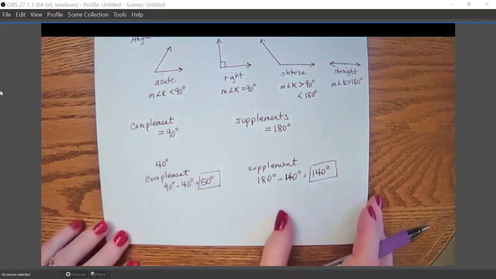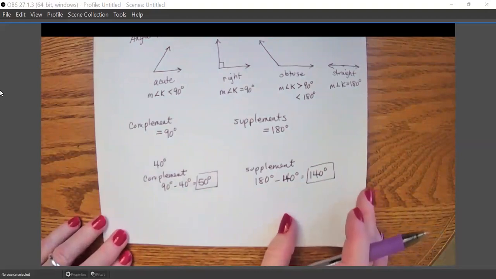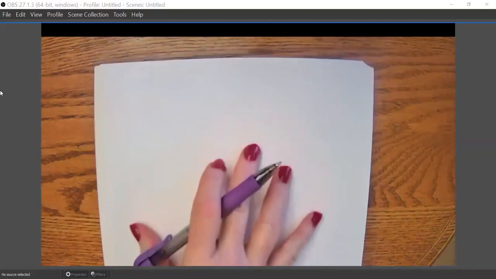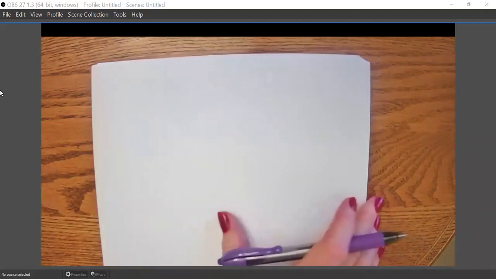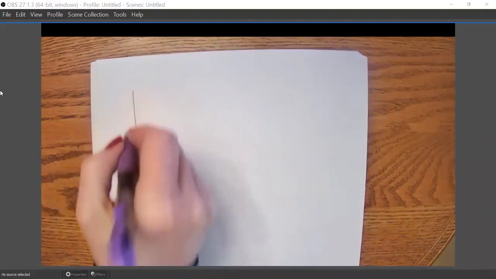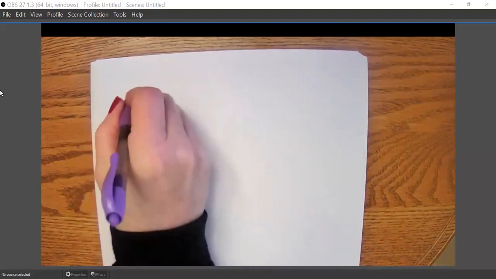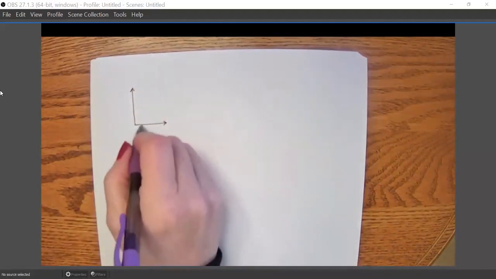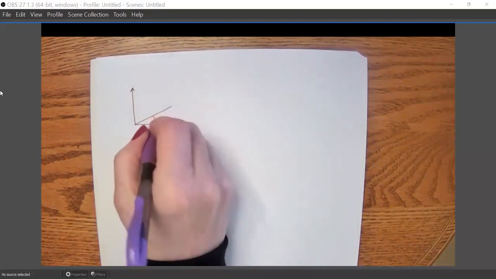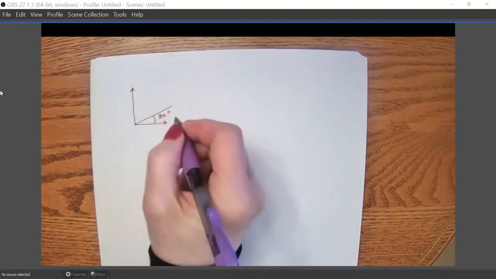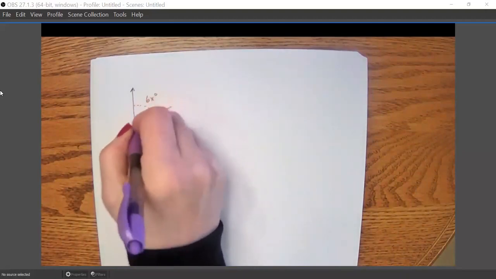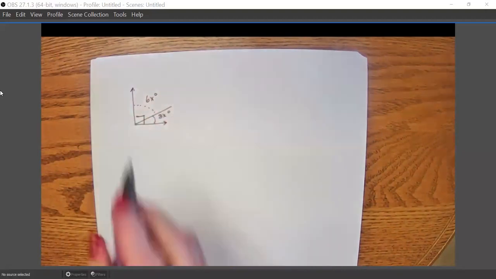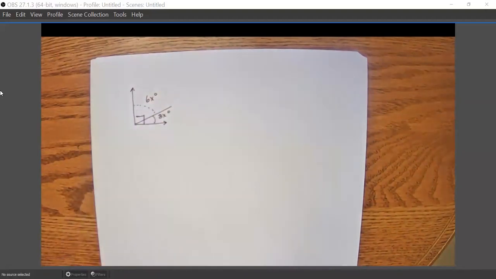We know that angle measurements right now are going to be in degrees. Let's look at example 2 on page 121. Here they want us to find the measure of each marked angle. You can see that this first angle is defined as 3x degrees, and this second angle is defined as 6x degrees, but then we see the little square box, meaning that together they are complements of each other.